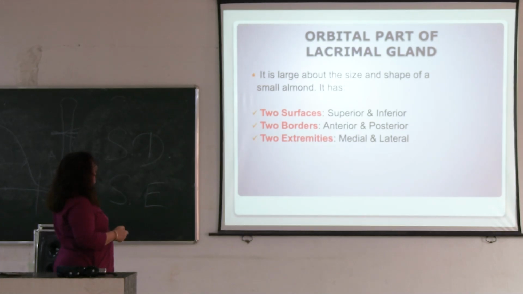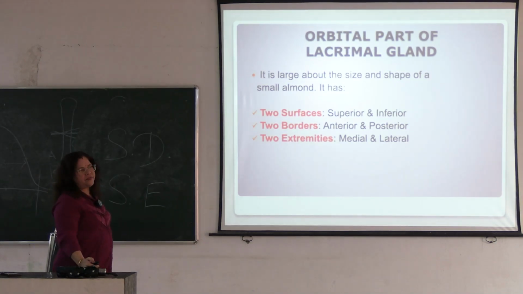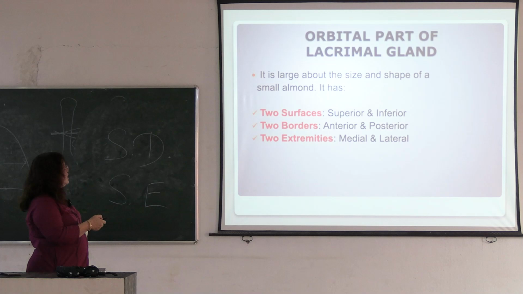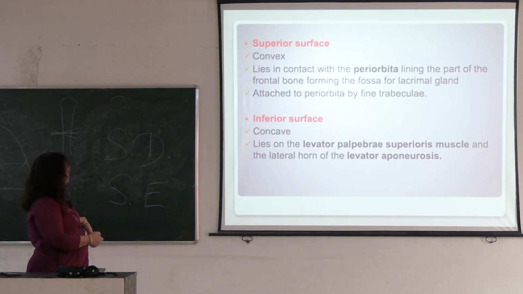Then orbital part is larger, and it is almond shaped, and it has two surfaces, superior surface and inferior surface. Superior surface is convex, and inferior surface is concave, and it has two borders, anterior border and posterior border, and two extremities, medial and lateral extremities.